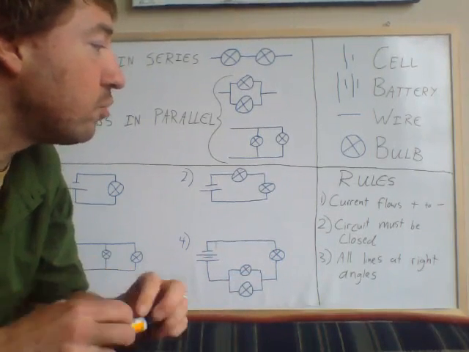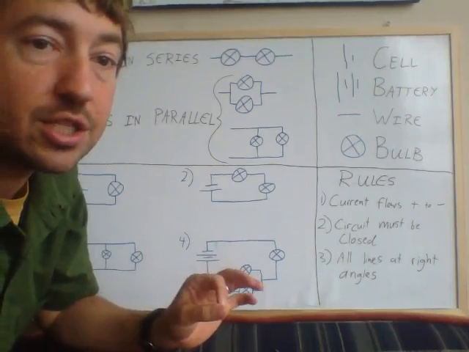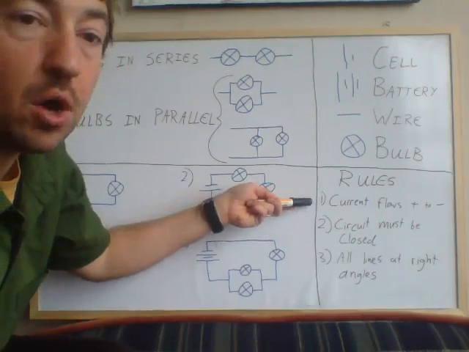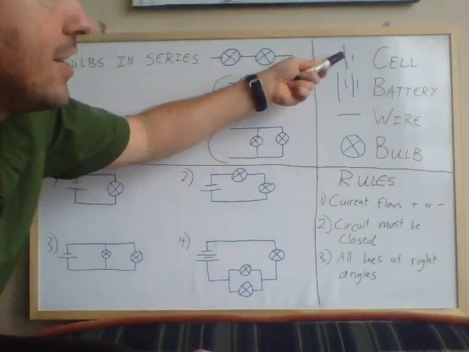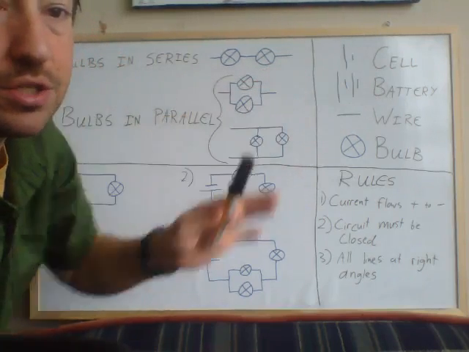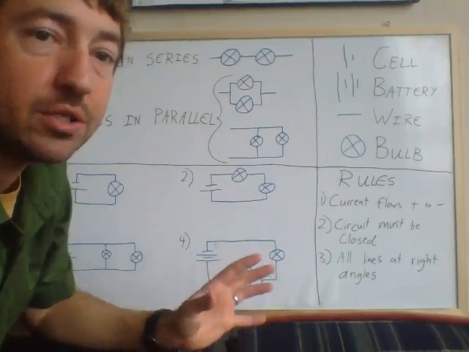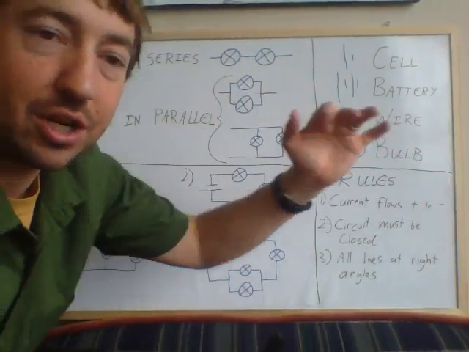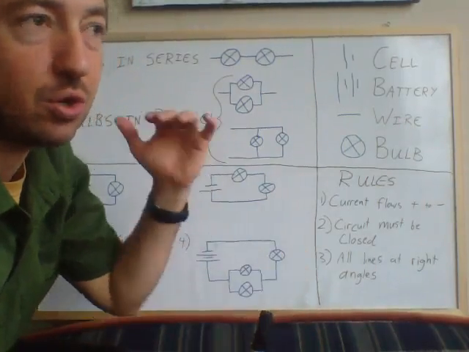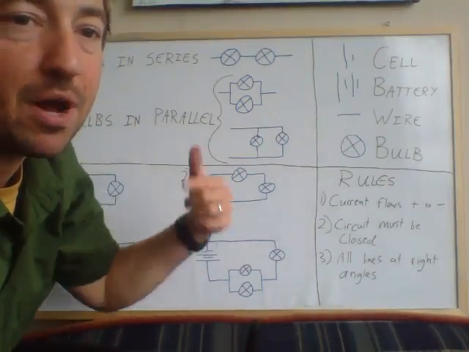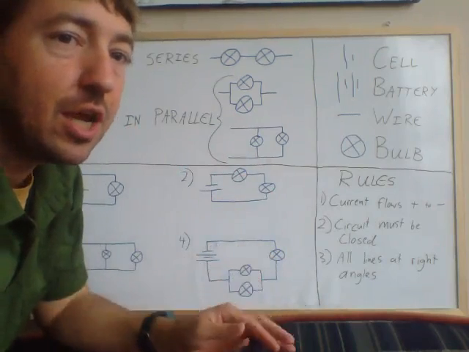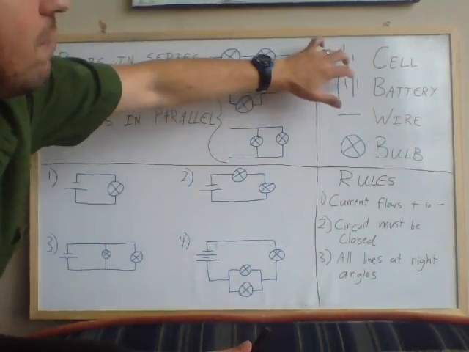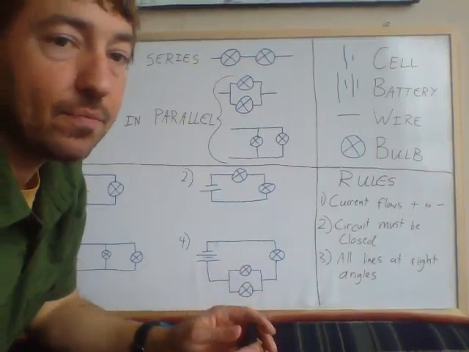So a few rules for drawing these circuits is that the current always flows from positive to negative. Just a little bit backwards because we now know that electrons flow and electrons have a negative charge, so they're actually flowing from negative to positive, but due to convention, we say that the current flows from positive to negative.